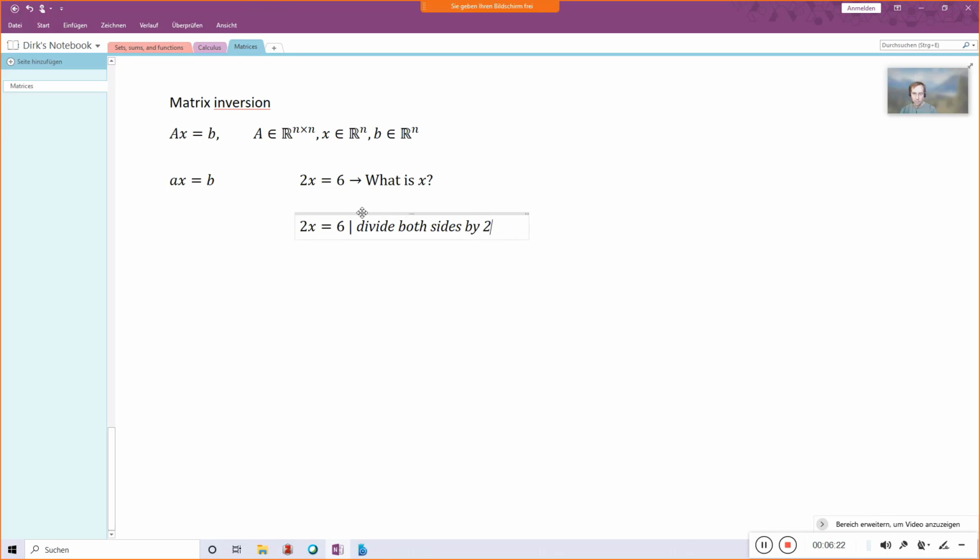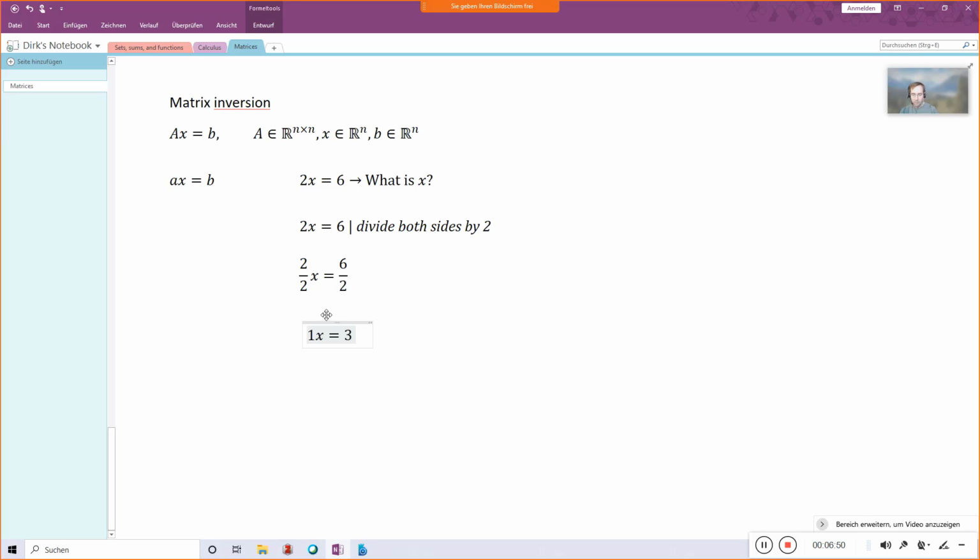And if you do the same operation on both sides, you get 2 divided by 2, and 6 divided by 2. And this we can get rid of. And then you can evaluate these fractions, and you get 1x is 3.